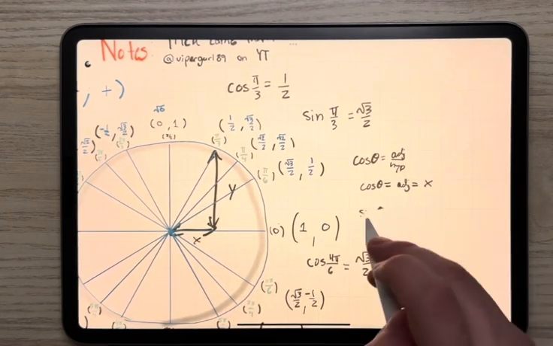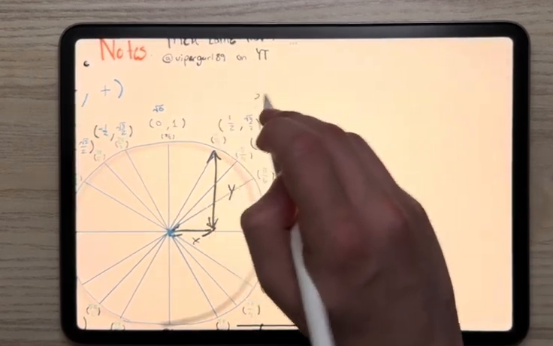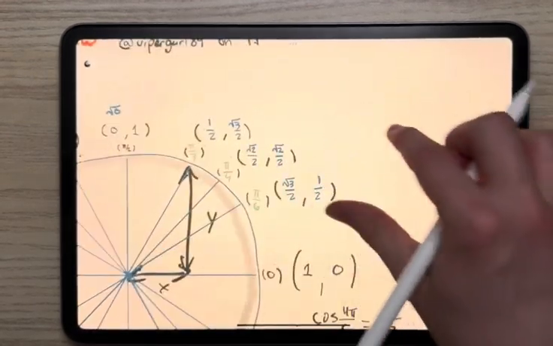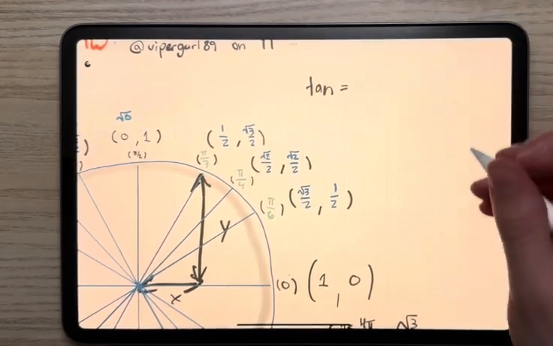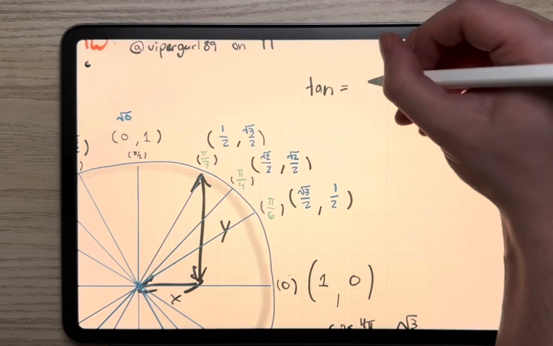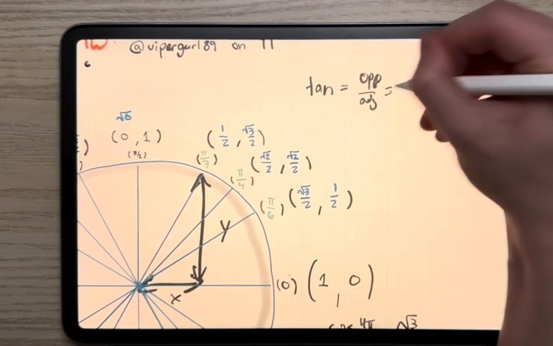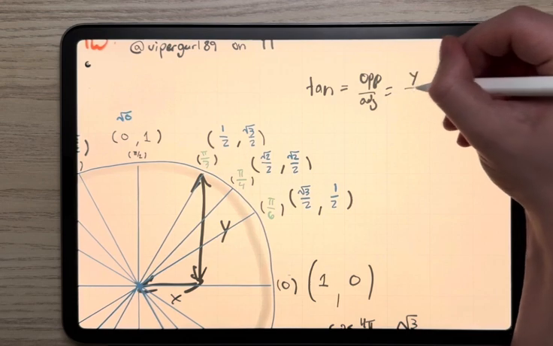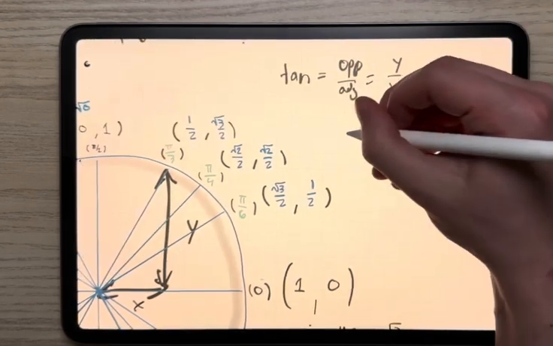is really similar. It has all these nice symmetries as well, but it just has slightly different numbers. So tangent, if you work it out, tangent is opposite over adjacent, and we already got that opposite is going to be y, adjacent is x, and so it's going to be the slope of the line.